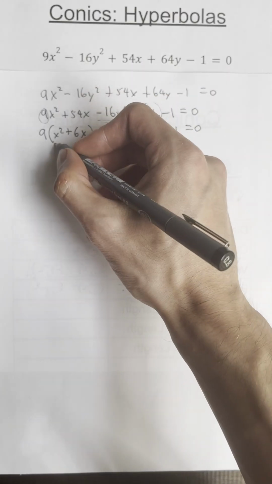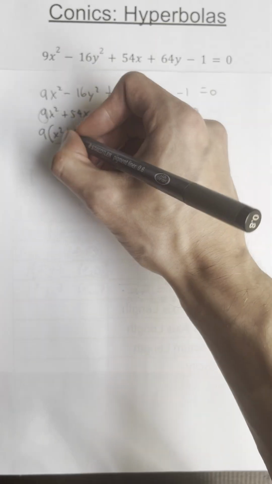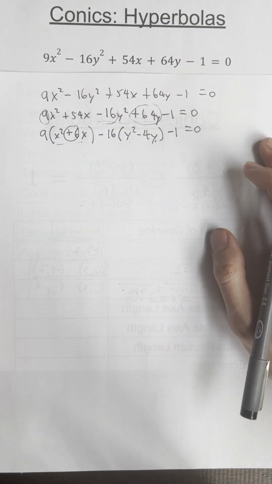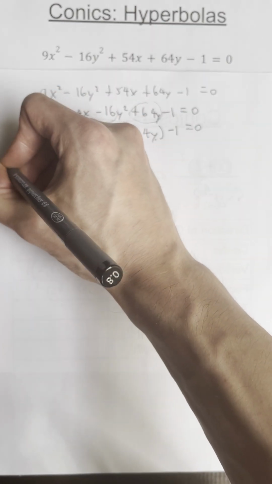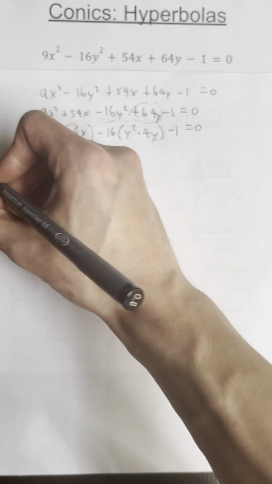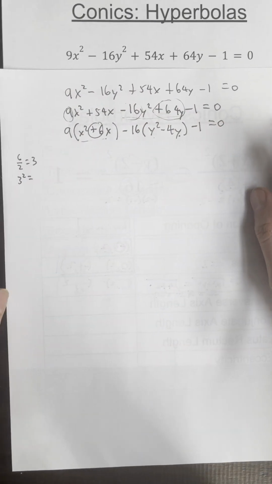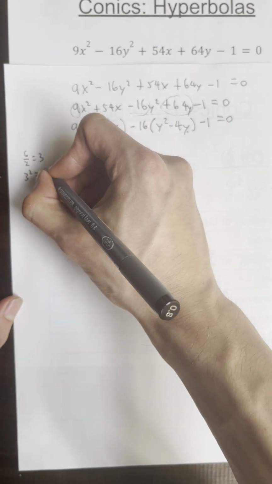Okay, so now we're ready to complete the square. And to do that, take half of this number. So what's half of 6? So half of 6 is 3. And then we're going to square 3. So 3 times 3 is how much? 3 times 3 is 9.